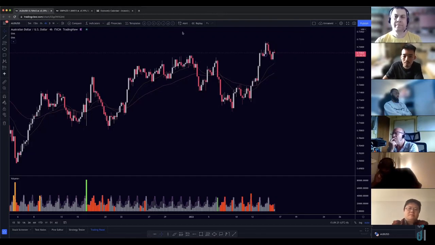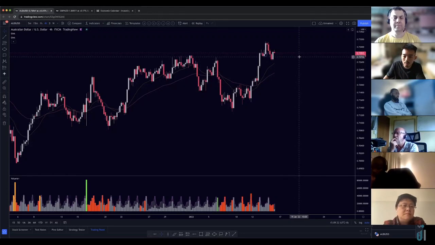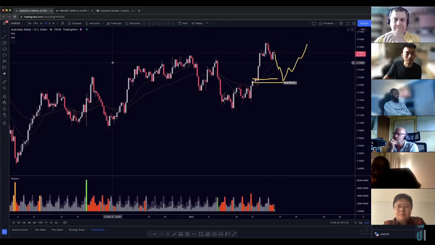Can we also have a look at this last attempt of this little piece here? Or is that going to be too low to expect it to come this far? It might come down there. It's just how it's going to come down there.